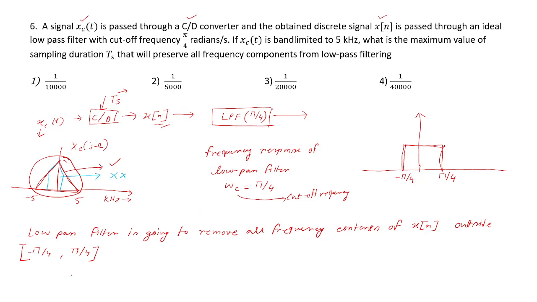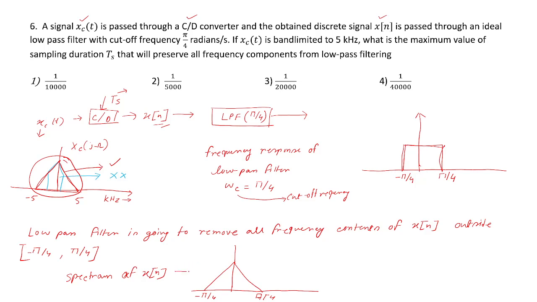So my spectrum of x[n] in the discrete frequency domain should at max be like that. Sorry, not minus here, only pi by 4 to minus pi by 4.